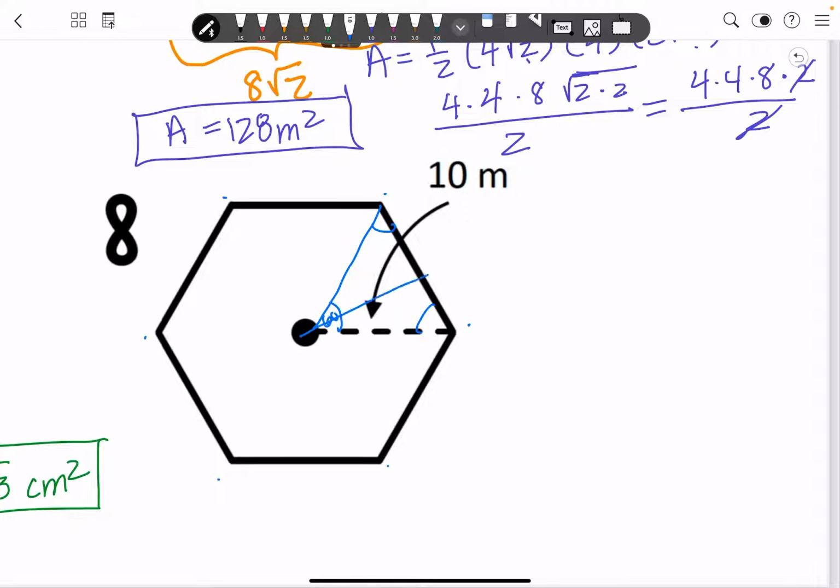And when you split it and you find this apothem here, you're going to be using a 30, 60, 90. And what they've given you is the hypotenuse of it. So don't forget all the 2's on the hypotenuse. You've got this and x square root of 3.